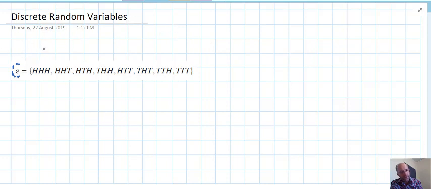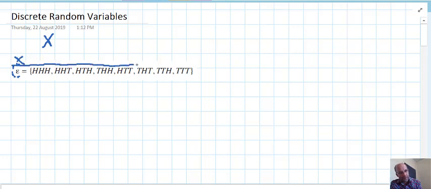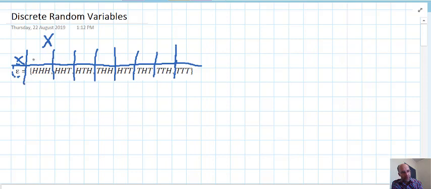The discrete random variable is usually denoted by capital X. So for this one, if we create a little table out of this, I've got a row there, and I split these different outcomes into columns. The X values can be written there.